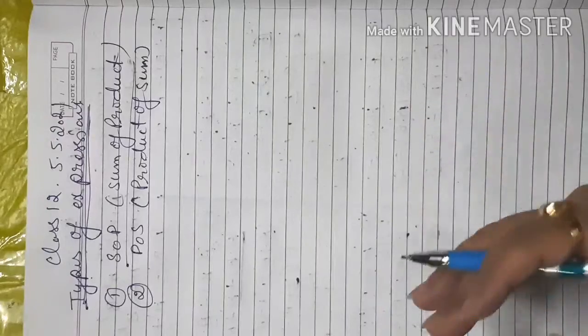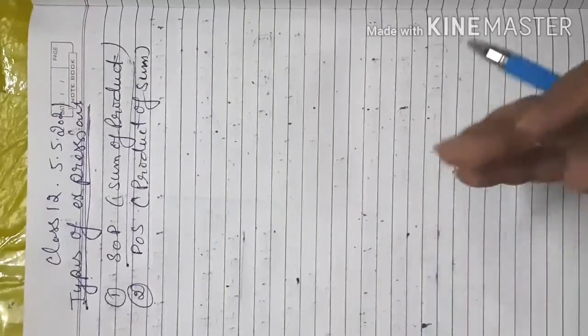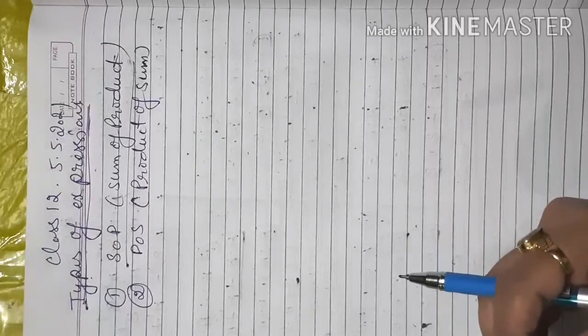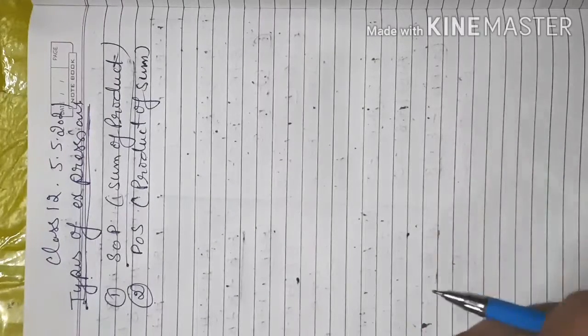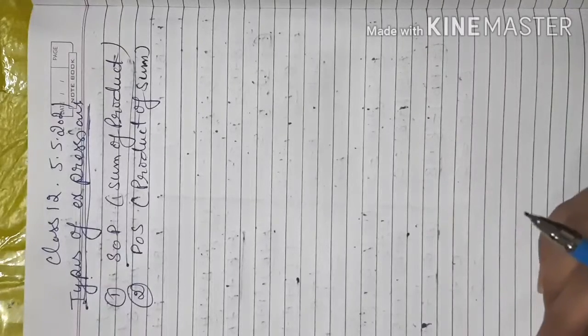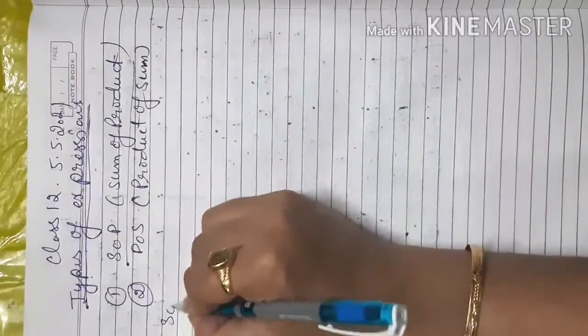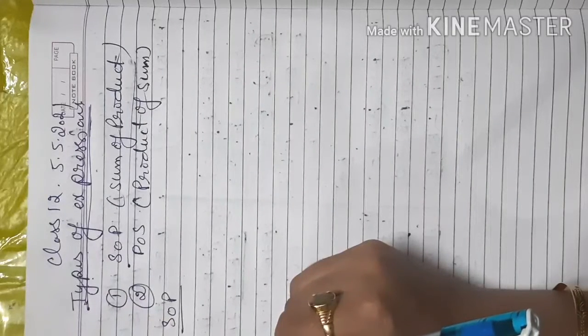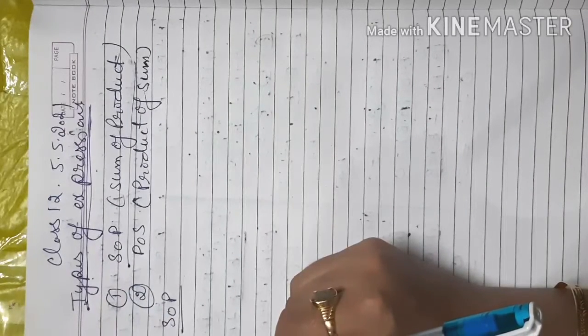Sum of product means if you have events, like 2 events or 3 events, you take the AND operator between them, and then with the OR operation you add all the terms. So that is the sum of the product of the events. Now we will first discuss the sum of product expression.